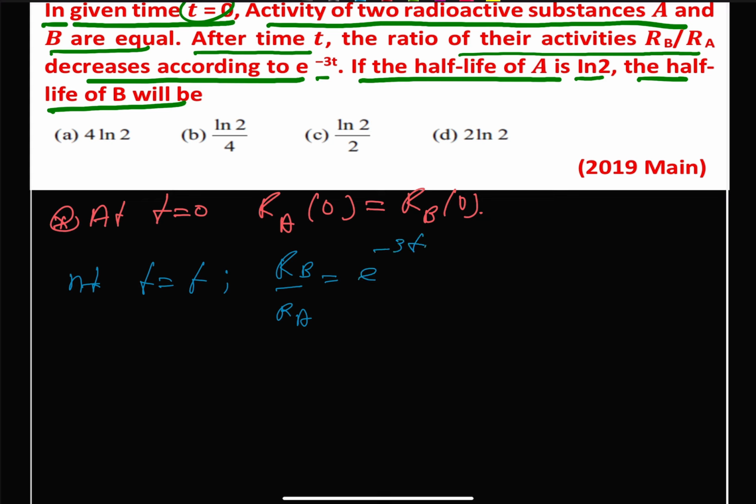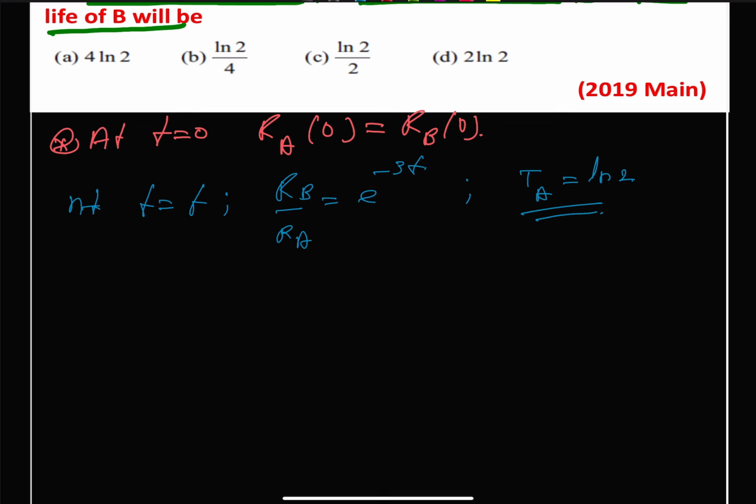And we are also given that half-life of A is equal to natural log of 2. And we are supposed to find out the half-life period of B. And we can just use the activity decay formula.